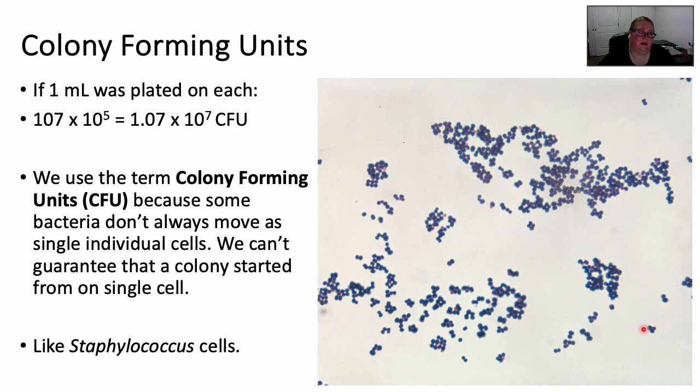Okay, it's not going to be one cell starting a colony, but it's going to be cells starting a colony, or one colony forming unit. Okay, so Streptococcus, Staphylococcus, they're all going to have multiple bacteria cells starting a colony. Okay, so here we have 10,700,000 colony forming units in our unknown culture.